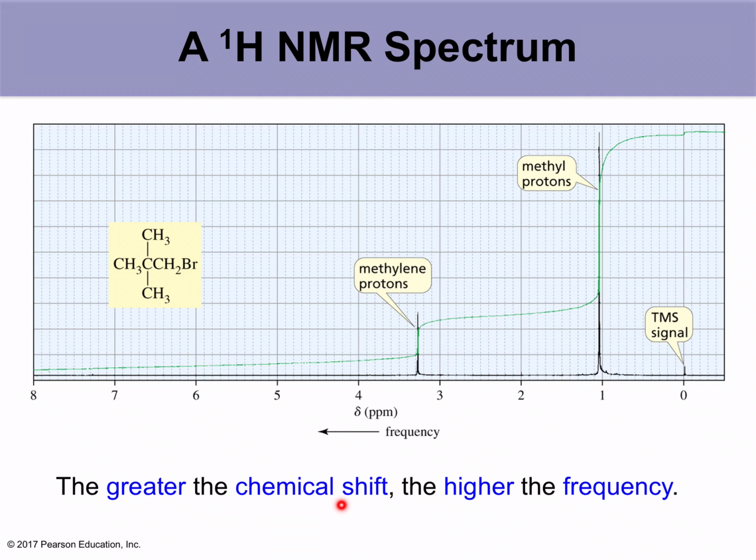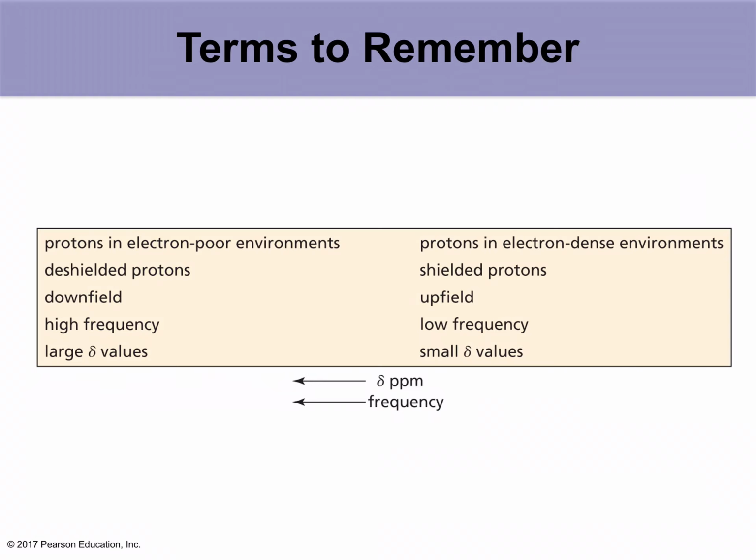The greater the chemical shift, the higher the frequency. So this is the frequency and the chemical shift. Terms to remember: protons in electron poor environments are called deshielded protons, meaning the protons are more open because there are few electrons surrounding them.